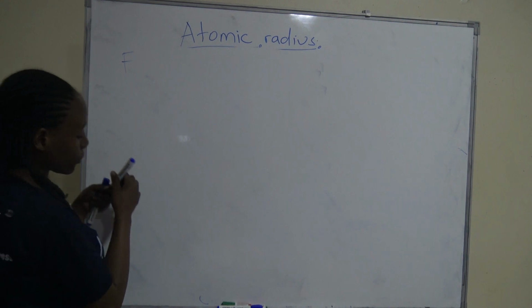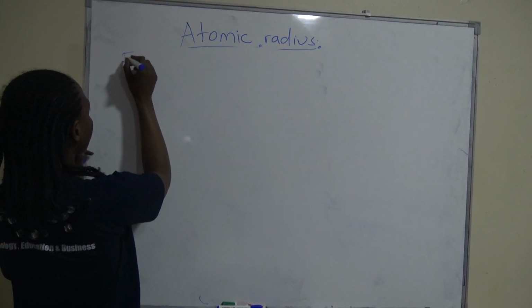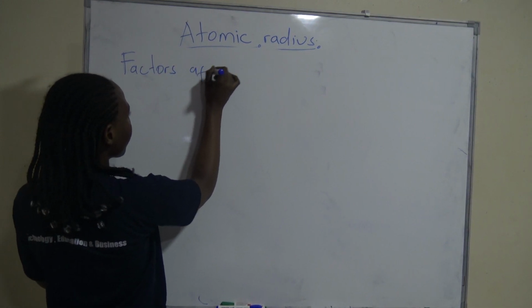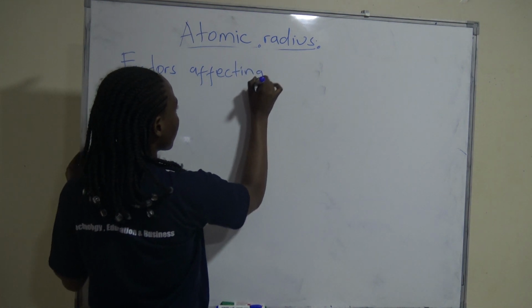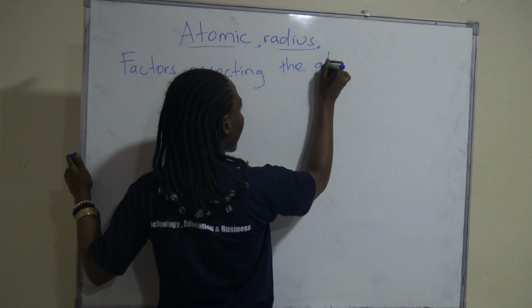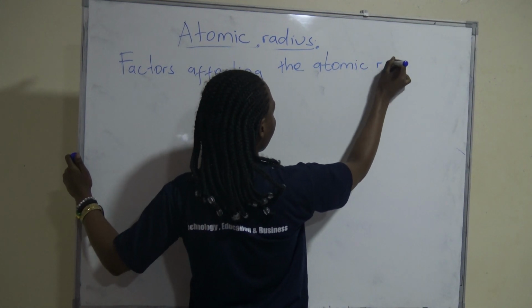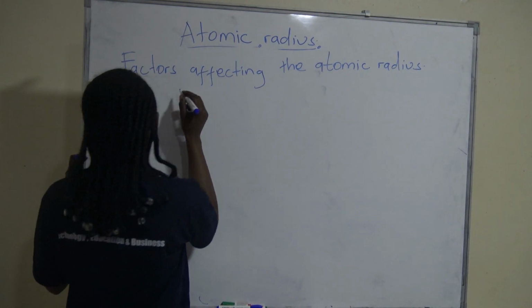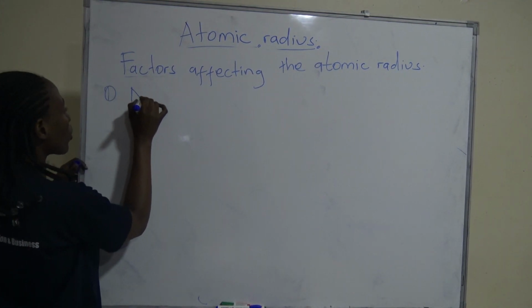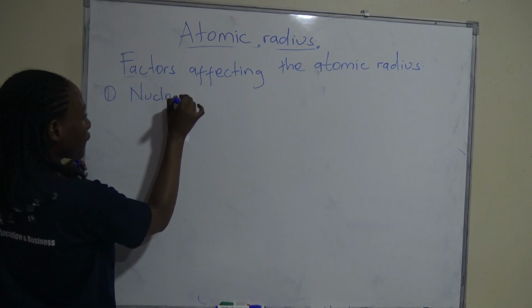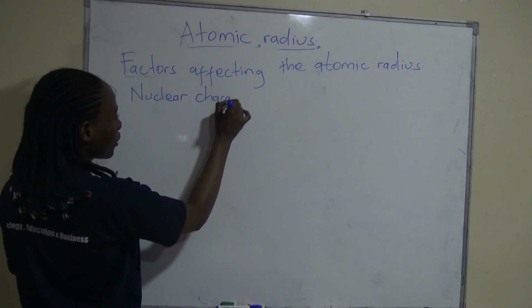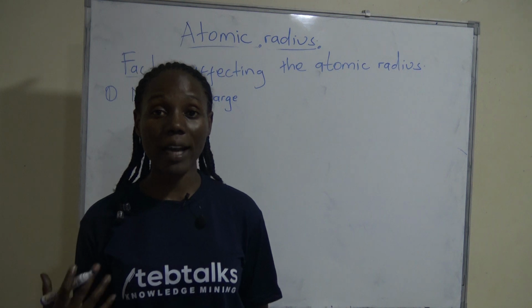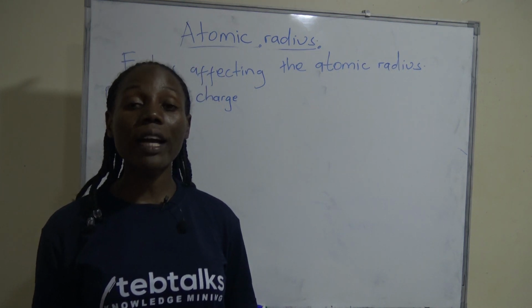Factors that affect the atomic radius. Number one is what we call the nuclear charge. From its name, we know that nuclear is coming from the word nucleus, so we are looking at the charge of the nucleus.